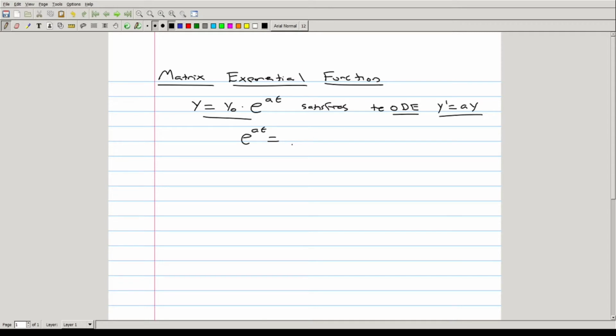is the same thing as the Taylor series, and this is the summation from n equals 0 to infinity of t to the n over n factorial, or a times t to the n over n factorial.